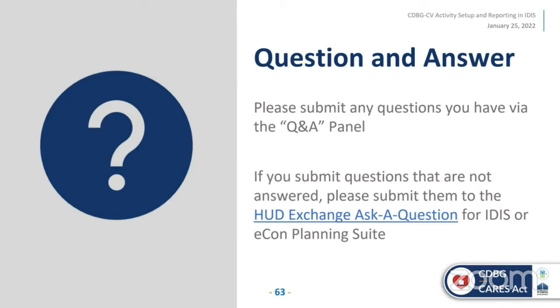However, we do know, as we learned earlier, the PR26 CV will be updating as you do more expenditures. So the version that you submit with your CAPER now is going to be different than a few months from now and next year. So your HUD office will probably like to see that every year with your CAPER until you've completely expended all of your CV funds.